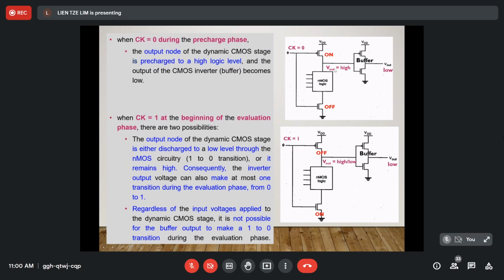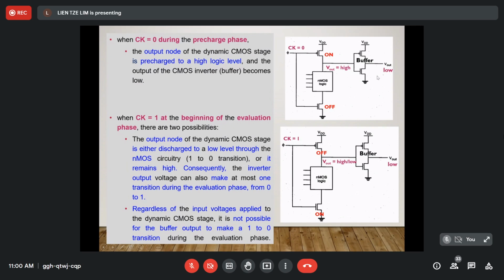So you see here, when the PMOS is on, because the clock is low, the Vout is high. When the Vout is high, this CMOS inverter will invert the high input to a low output. That's why here is low.